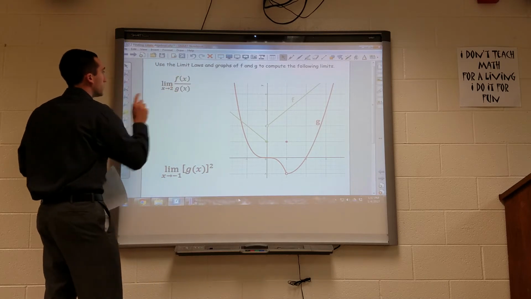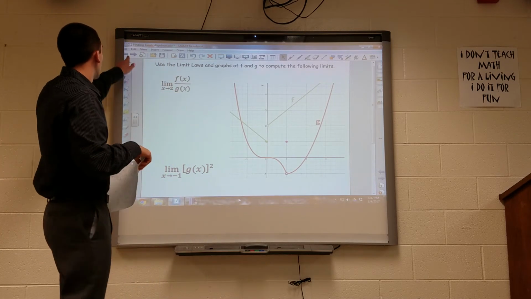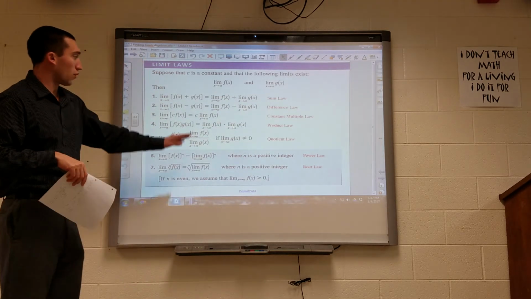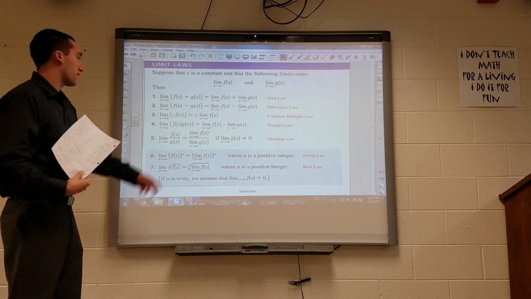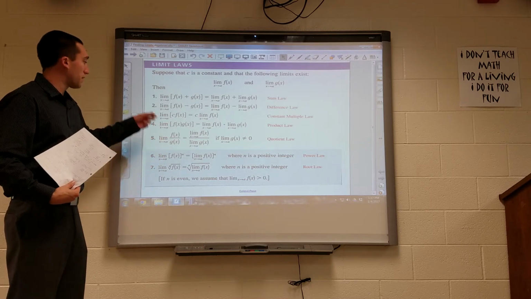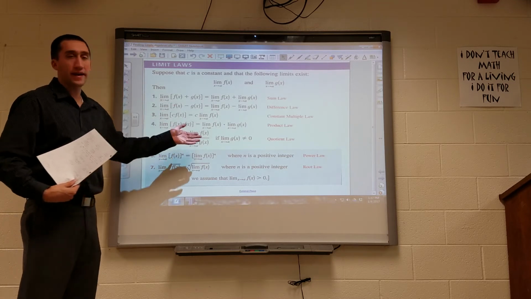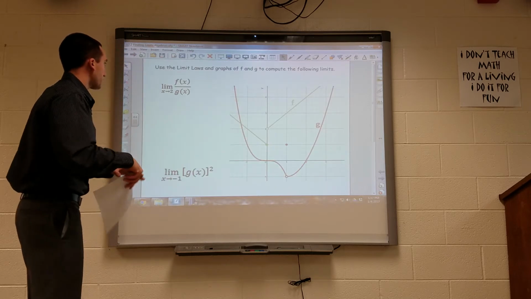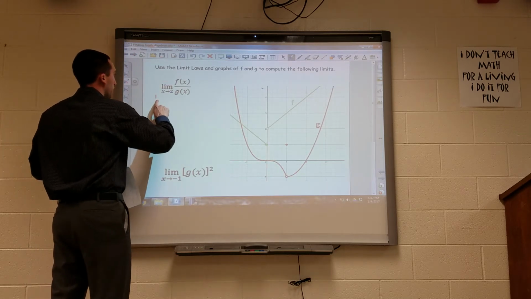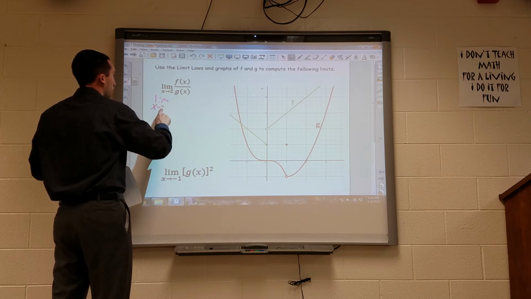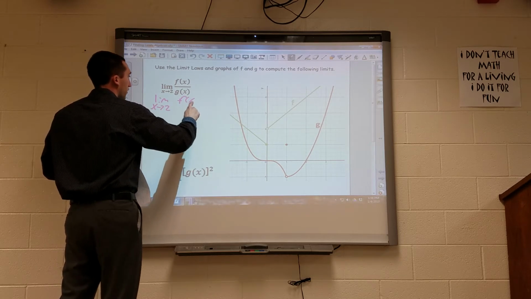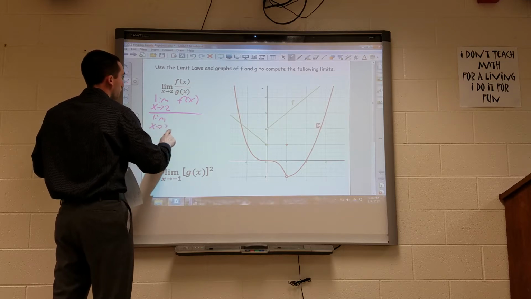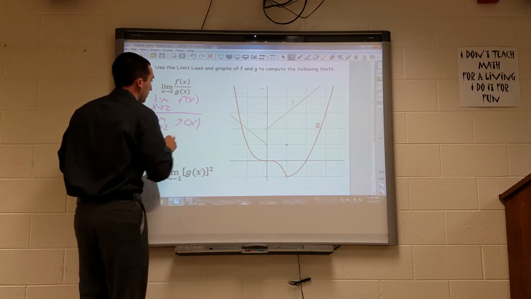Next, we had to use the quotient law. So we're, again, self-explanatory. If you have division inside the limit, you can break it up into division of the limits. So that just breaks it up into the limit as x approaches 2 of f of x divided by the limit as x approaches 2 of g of x.